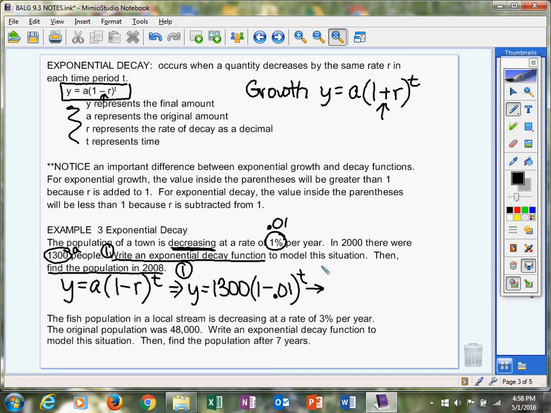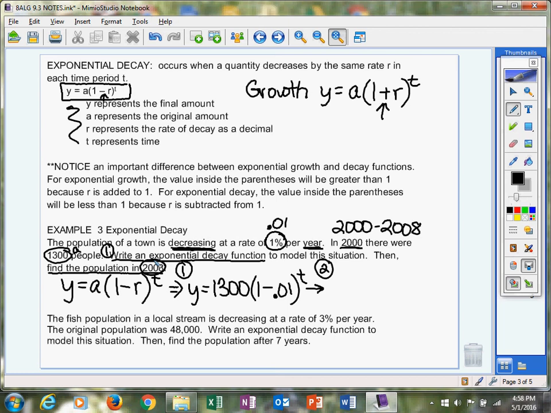Now, let's take that, and in our effort to solve it, we need to plug in for T. T is the time frame that's going by. It says that the population is decreasing at a rate of 1% per year. So we need to figure out how many years there were between the starting number 2000 and 2008, which is what they told us right here.